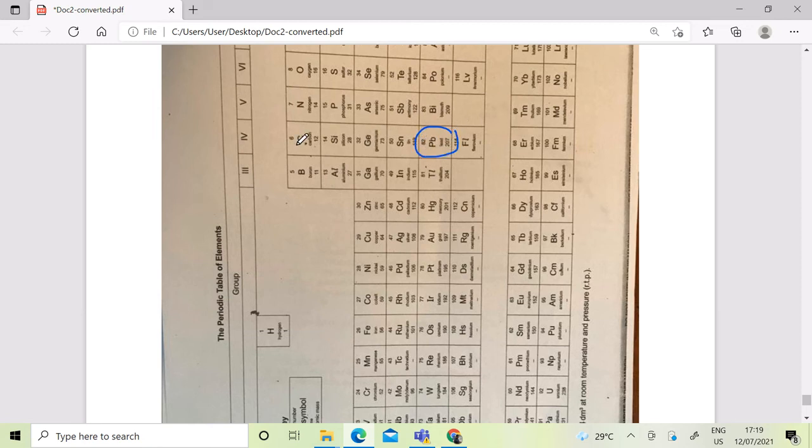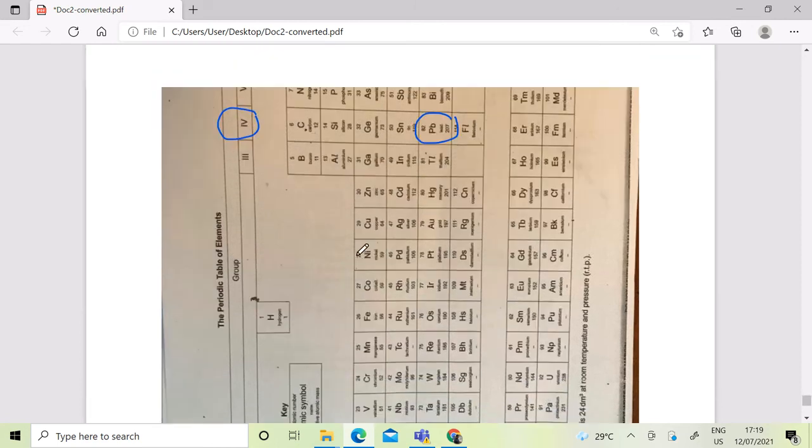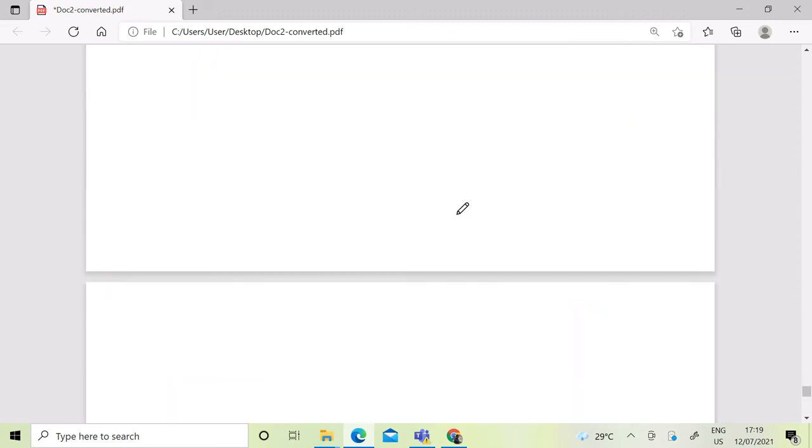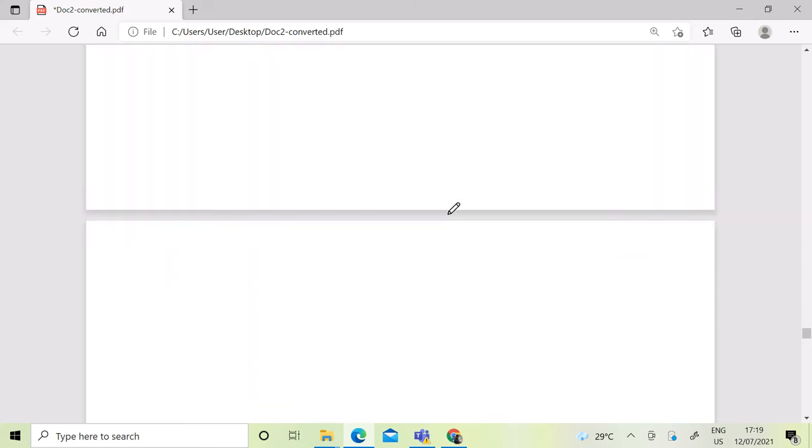Lead is in group 4, therefore its valence shell has 4 electrons. Now the period: 1, 2, 3, 4, 5, 6. Lead is in the 6th period, which means it has 6 shells occupied with electrons.